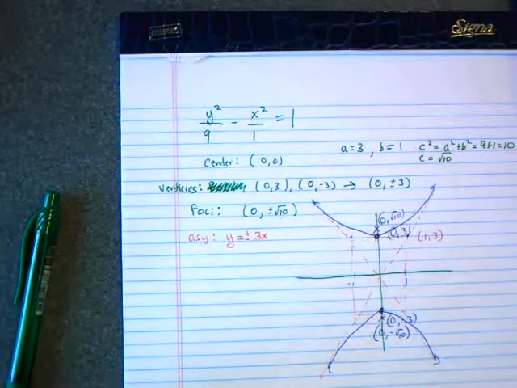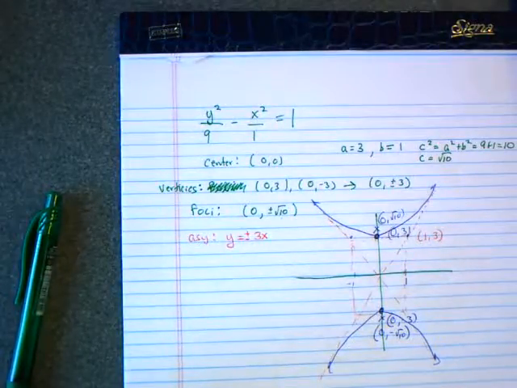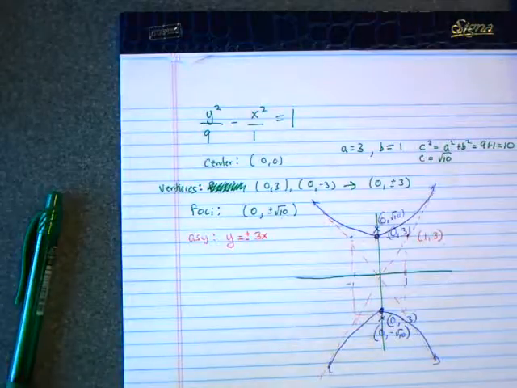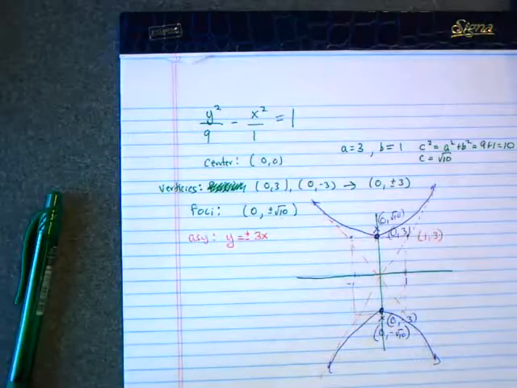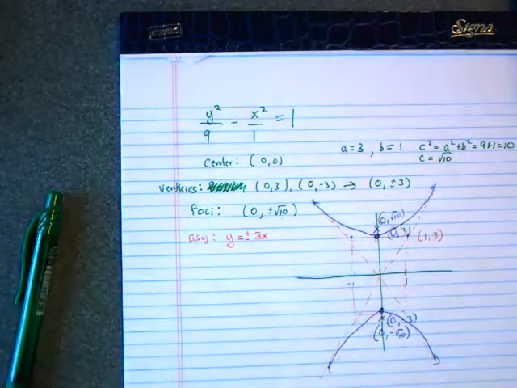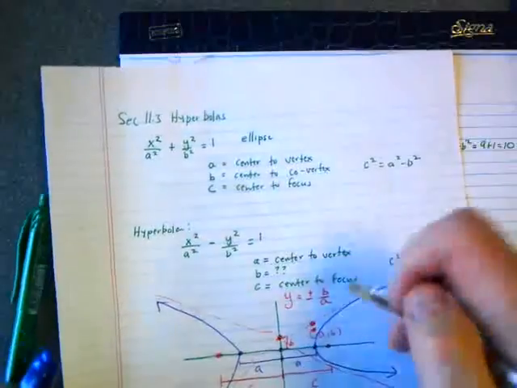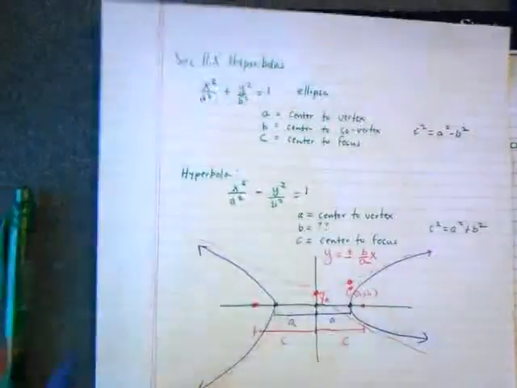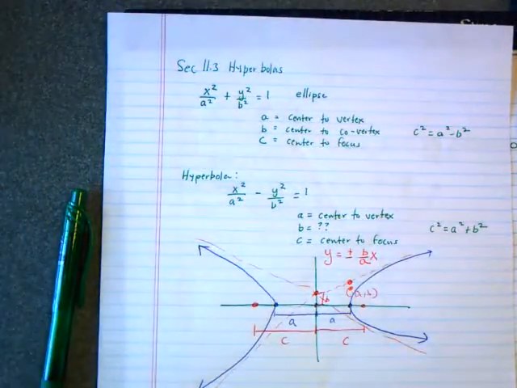Excellent question. Why didn't I do y equals b over a? What did I do this time? I did a over b, didn't I? I was hoping somebody would catch that. So your formulas turn out to be slightly different.